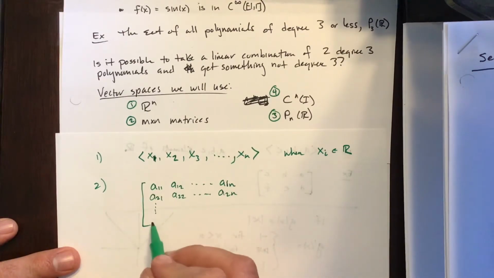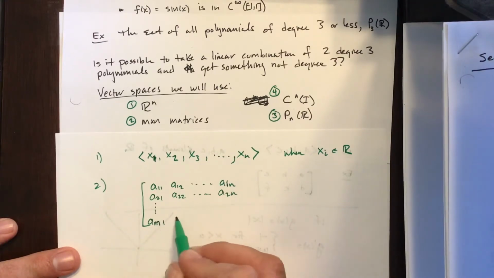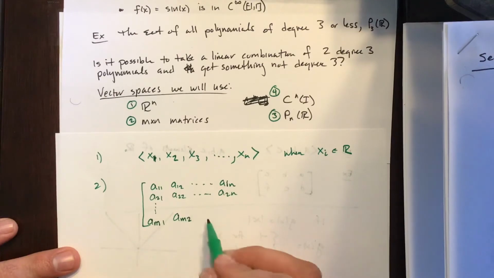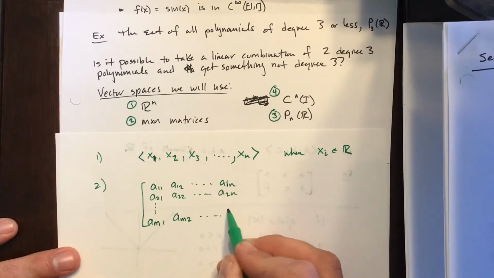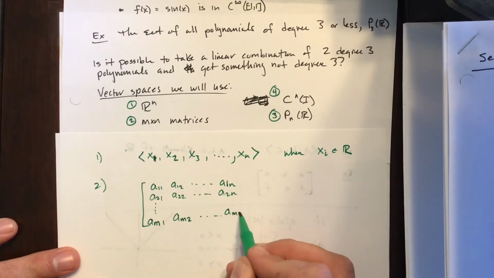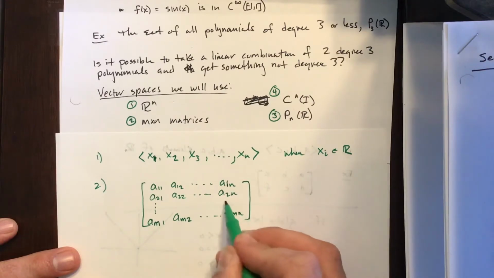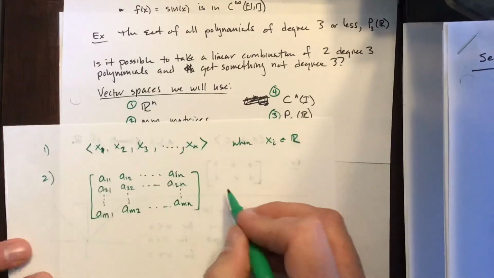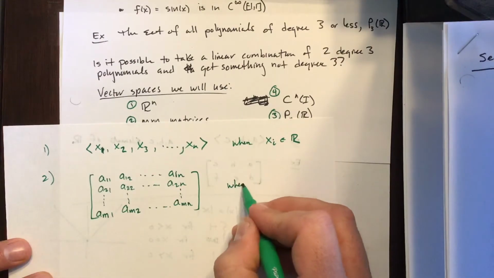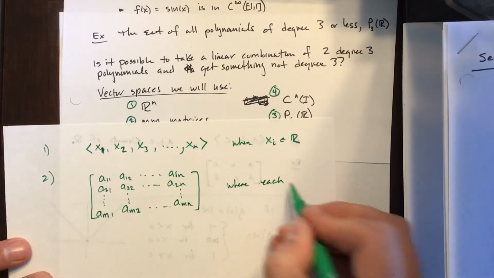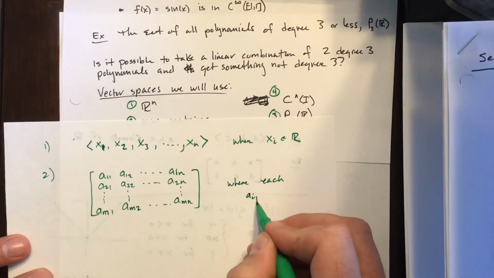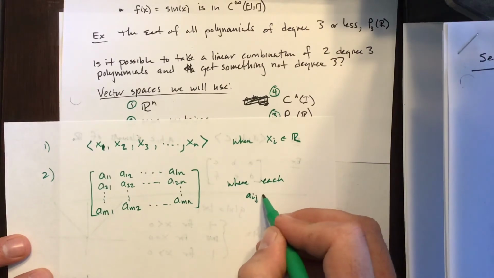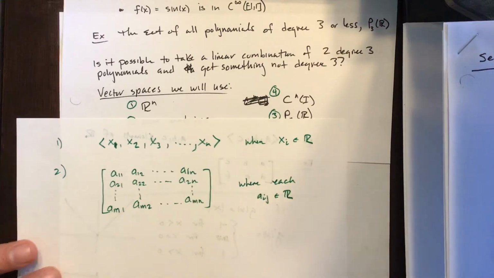This goes down to Am1, Am2, down to Amn, where each of the Aij is in the reals.